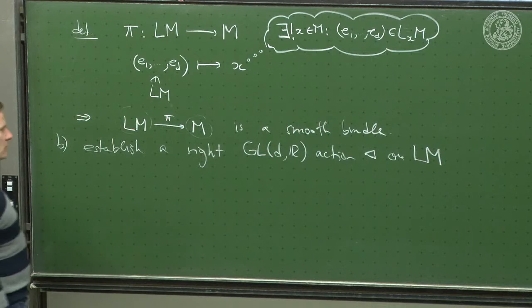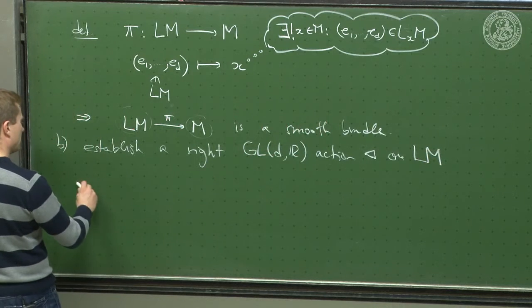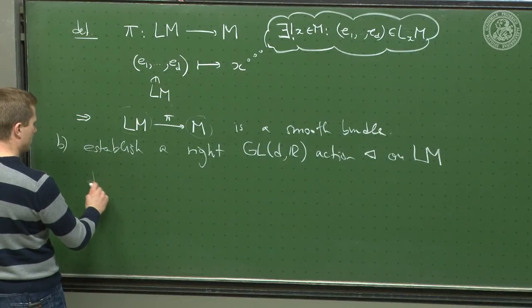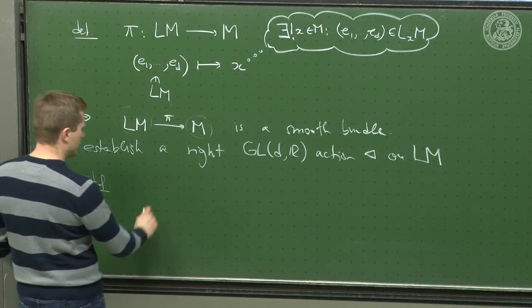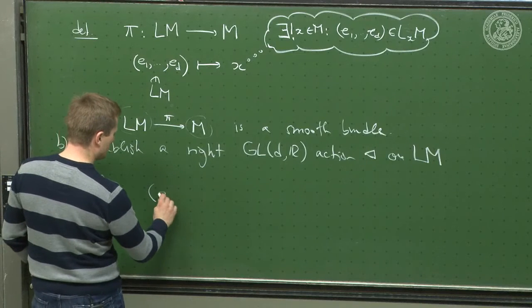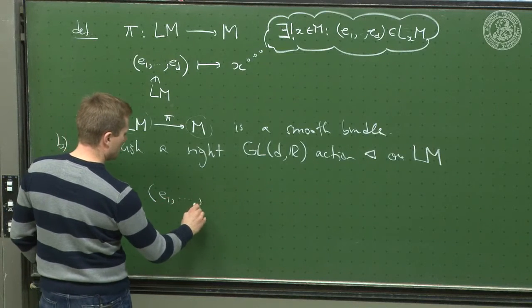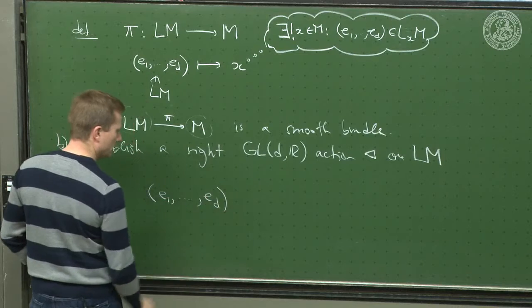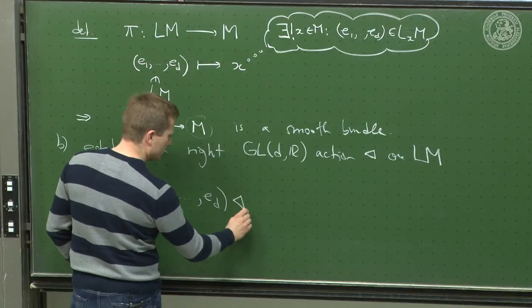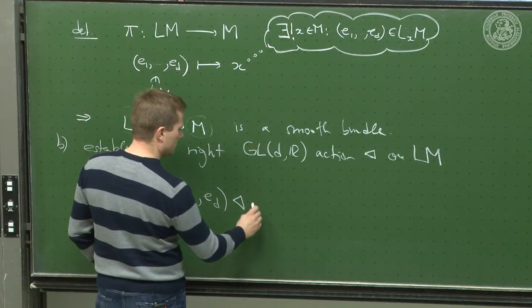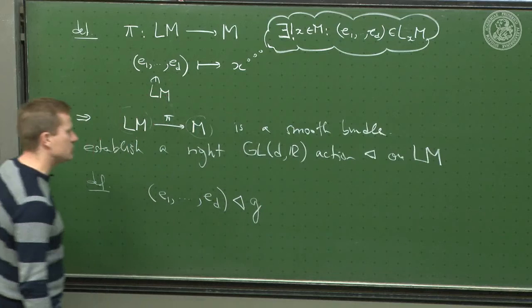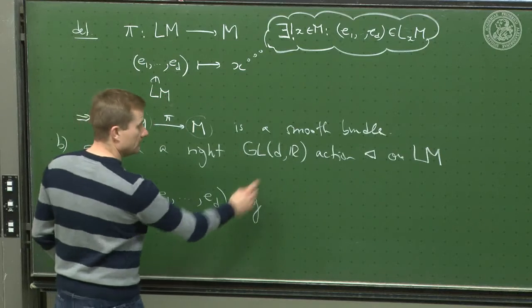We establish this action as follows. We take an element E1 to ED, and we wish to act on it with a GL transformation. Let's call it small g, an element of GLD.